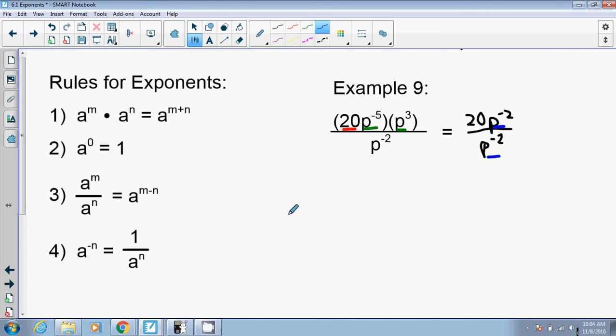So I'm going to write this out because I want to make sure we understand we're doing negative 2 minus negative 2. The minus and negative becomes a positive. So I have negative 2 plus 2, which becomes 0.